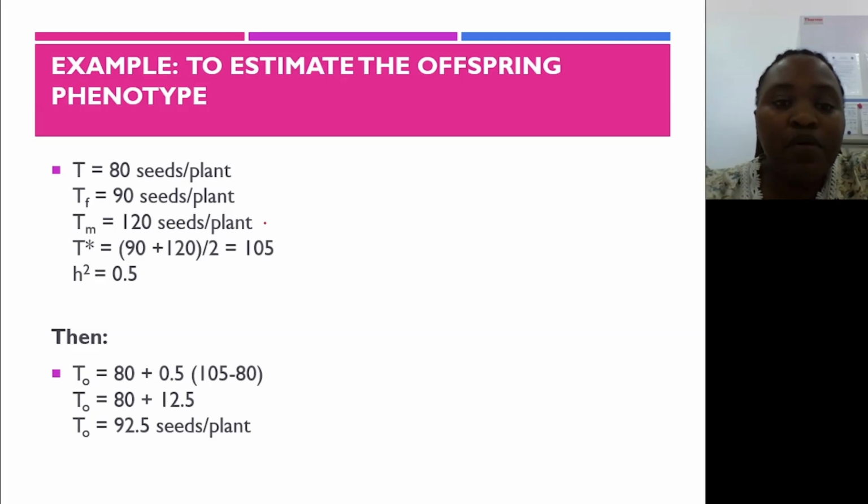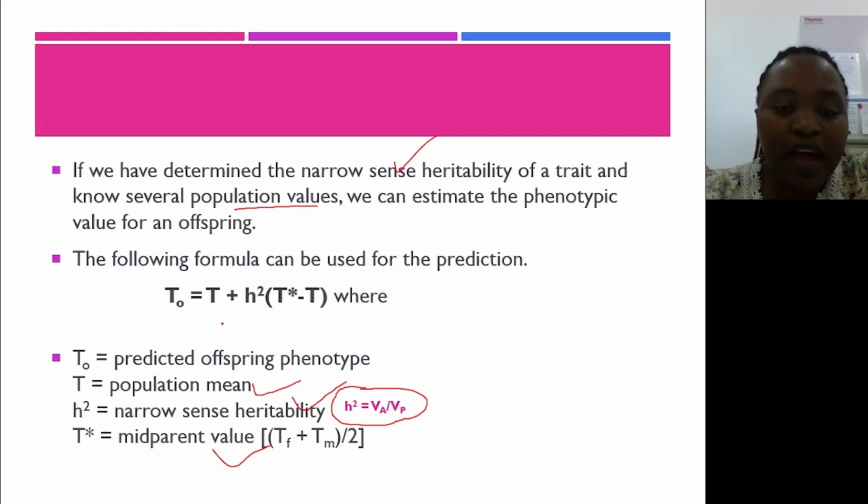For example, here we have T representing 80 seeds per plant, the phenotypic characteristic of this particular plant. We have the TF.